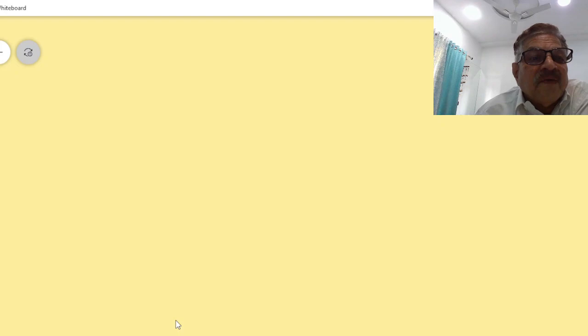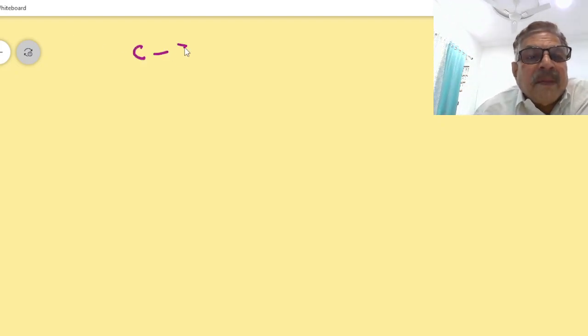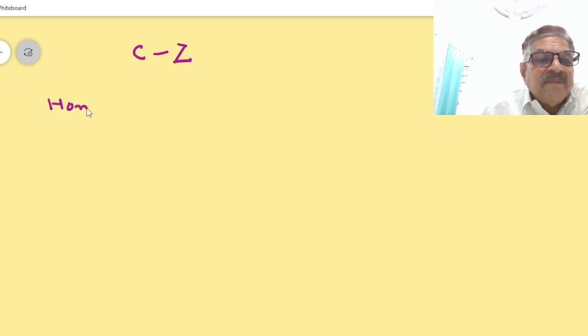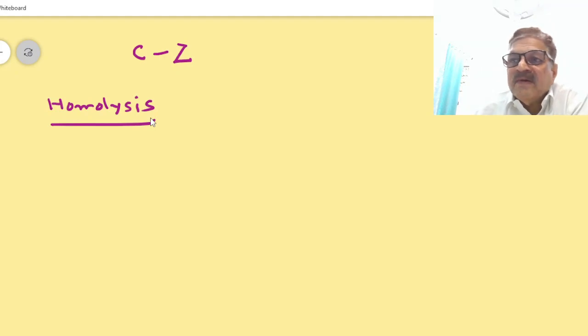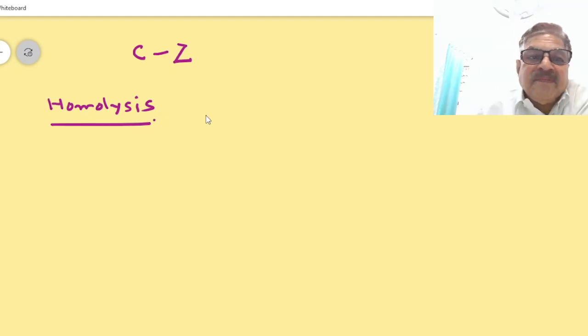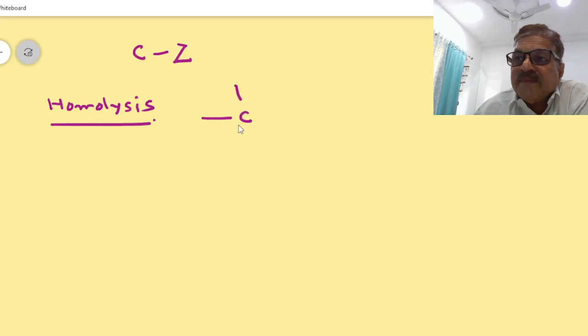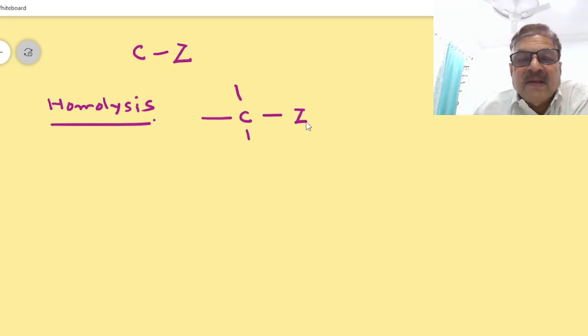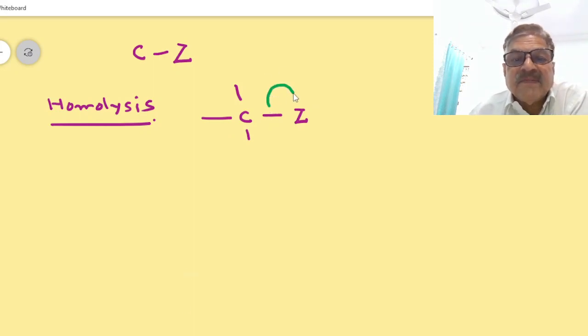Examples: how does homolysis take place here? This is our molecule. We show it with a half-headed curved arrow like this. This is the homolysis, with half-headed curved arrows.